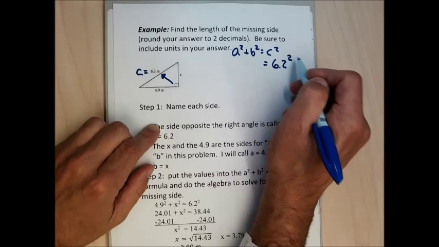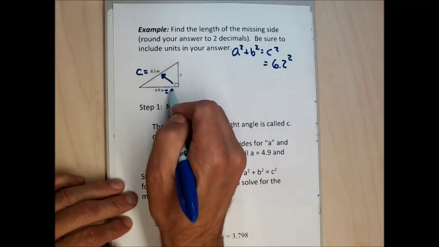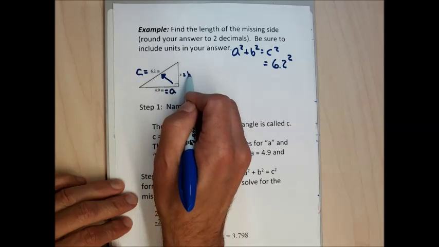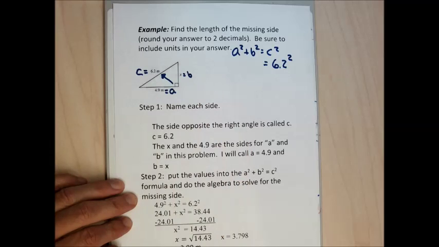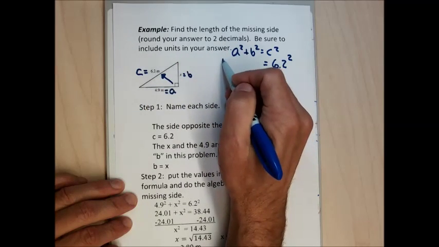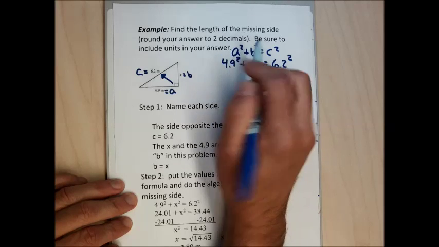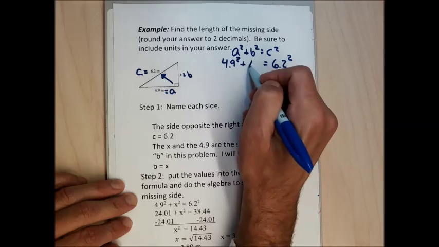I'm going to leave the squared there. The a and the b are interchangeable. Let me call this side a and this b, but you can switch and get exactly the same answer. If I called this side a and that side b, what I'd plug into my formula is 4.9 squared, and then instead of b squared, I'm going to write x squared.